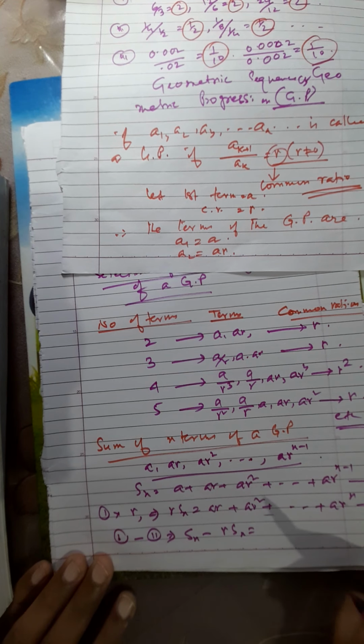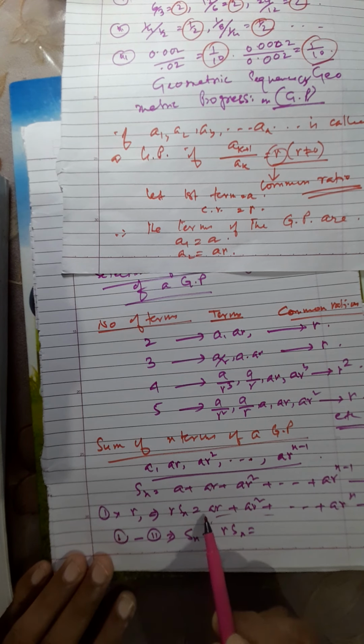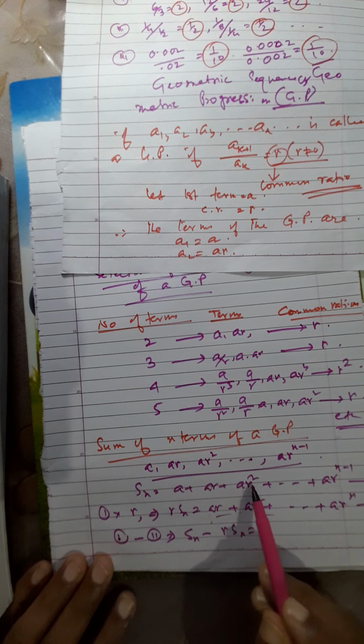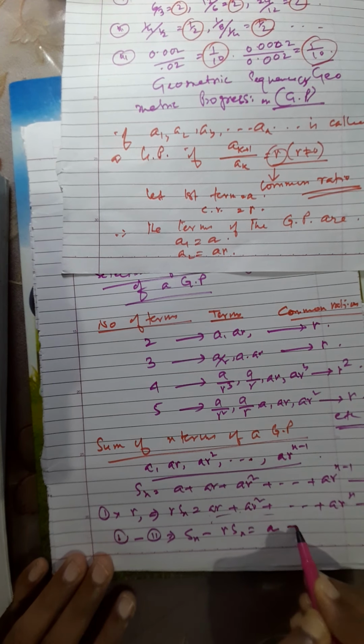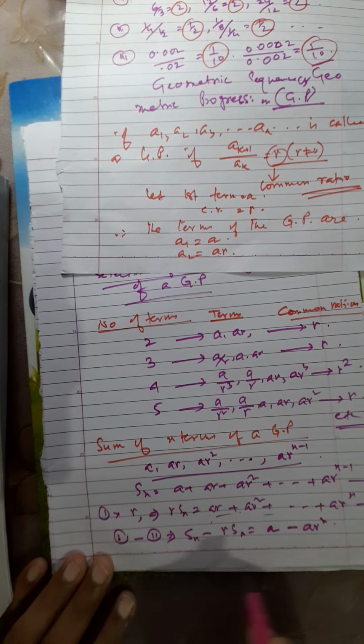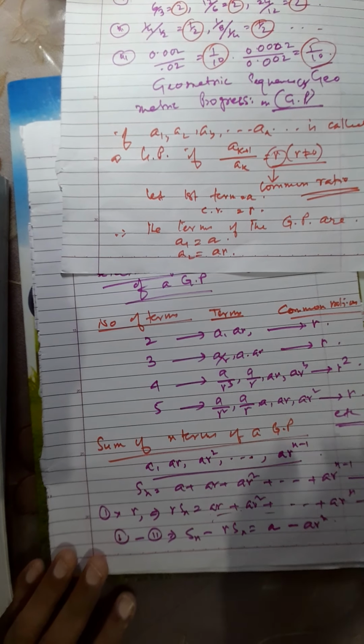If it is plus then minus, minus then plus. Subtracting, ar cancels, ar square cancels, all will be cancelled. The first term will remain as usual. So what will we get? a minus a r to the power n.